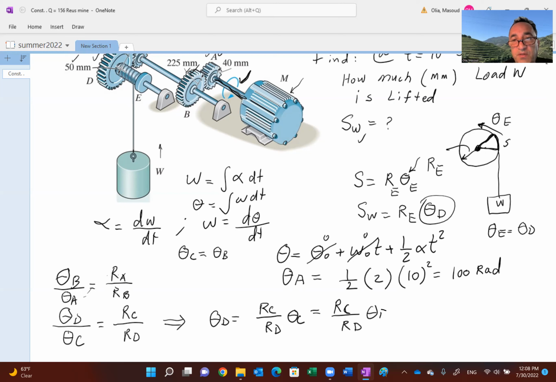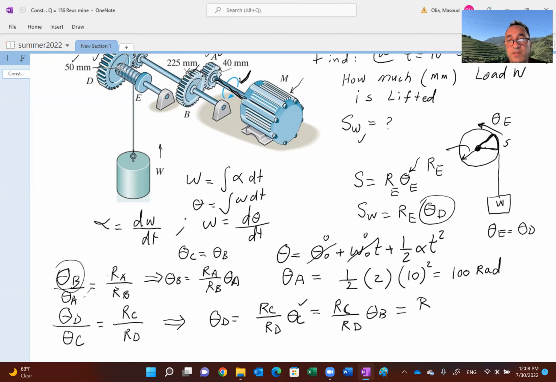Replace theta C here by theta B. But what is theta B? Do the same cross multiplication here. Theta B is RA over RB times theta A.